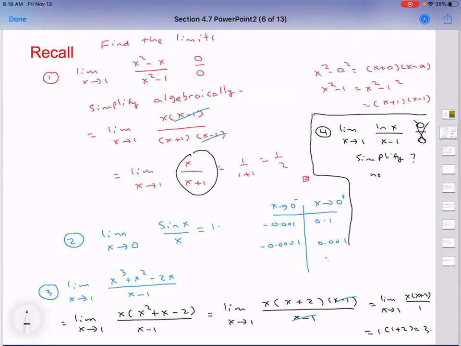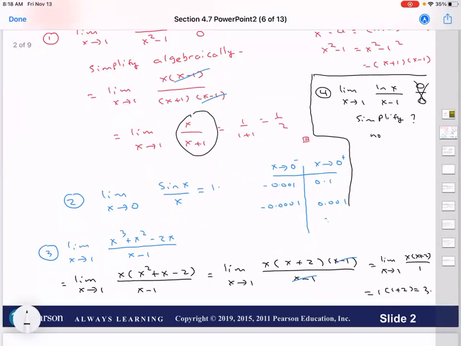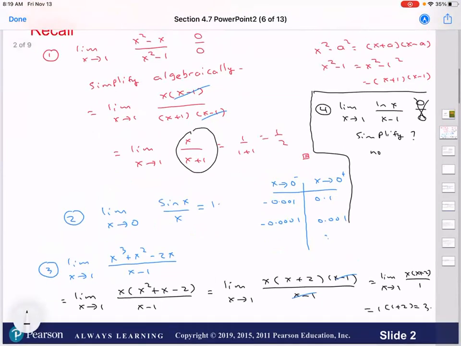In number 3, we did the same thing. We couldn't plug in 1 for x initially, but we simplified that function algebraically and we got x times x plus 2. Then we plug in 1 for x, we got the limit. Okay, now number 4 is different. We cannot plug in 1 for x, right? And we cannot simplify that further.